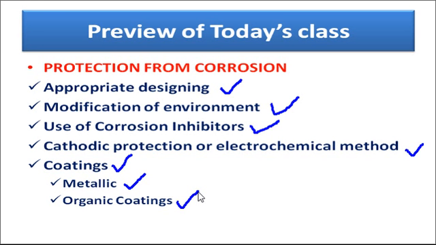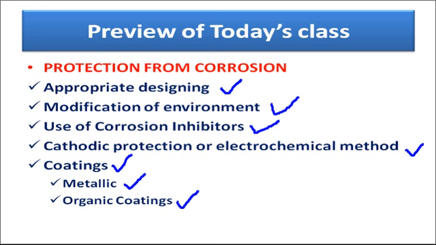Corrosion control means to minimize the rate of corrosion up to the minimum level. So, various types of corrosion control methods are the methods which can minimize or slow down the rate of corrosion reaction.